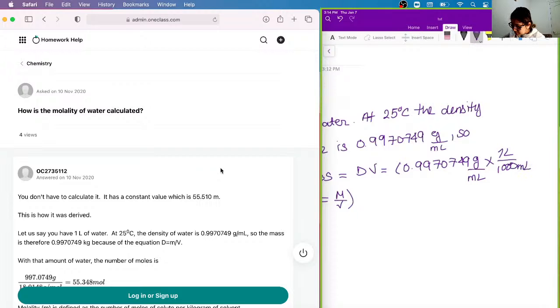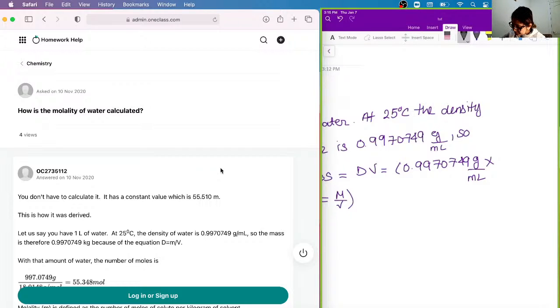You would want to convert this into kilograms, right?